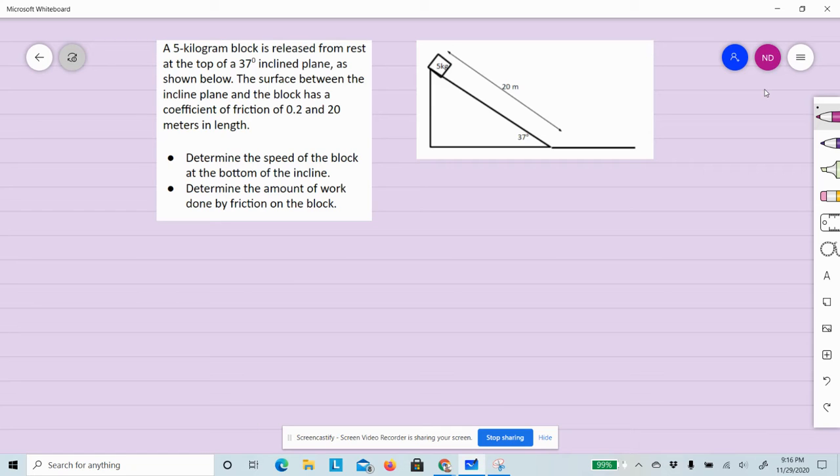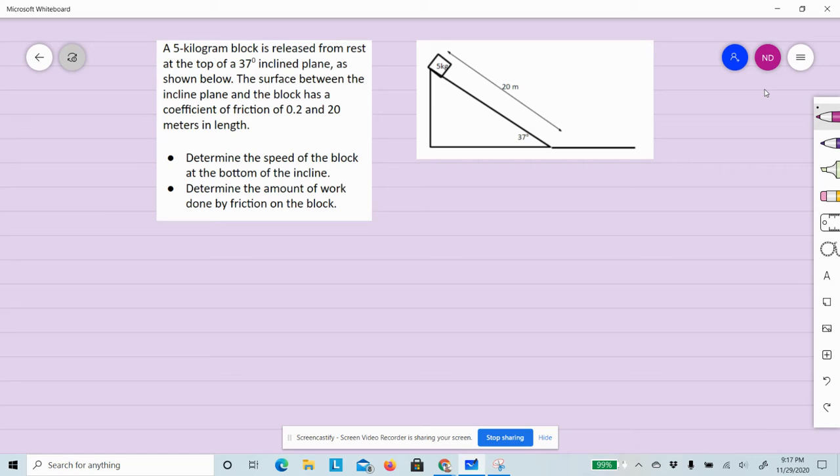So the concept here is that as this thing slides down, all of its energy is not going to be converted to kinetic energy. Some of the energy will be used to overcome the force of friction, or the force of friction is going to do work on the system, and that force of friction is going to take some of its energy and turn it into heat, sound, what have you.